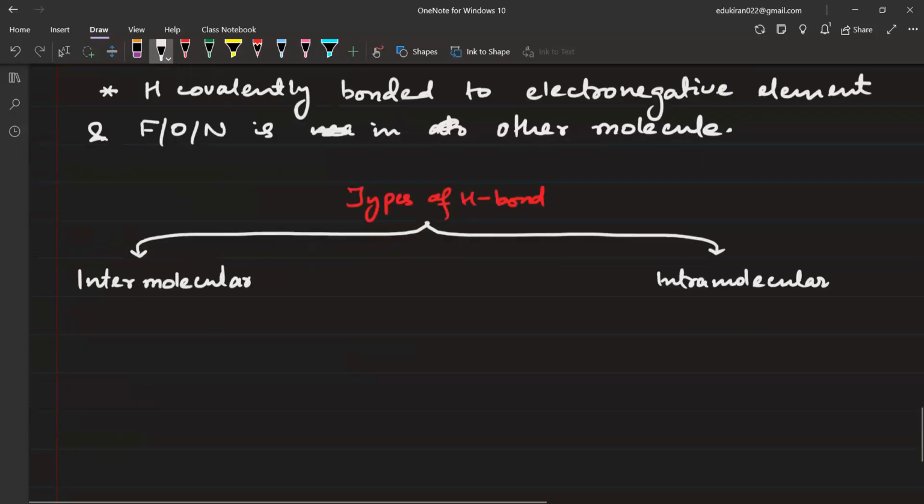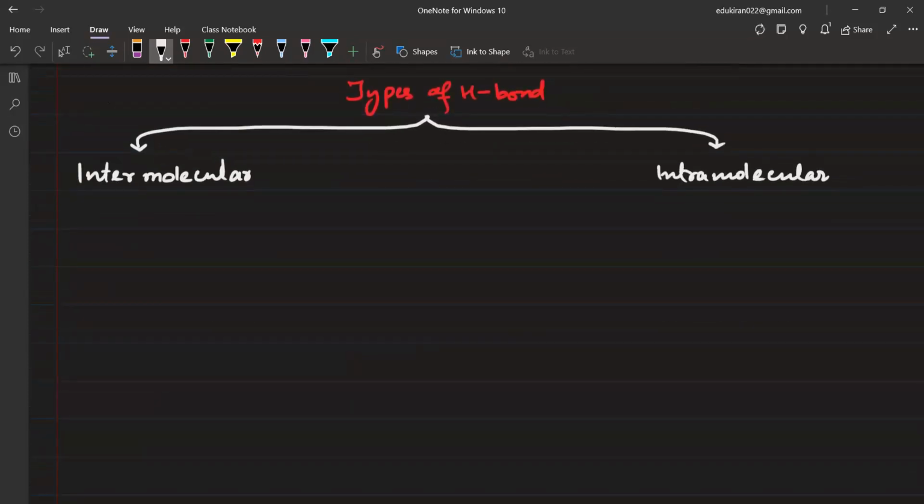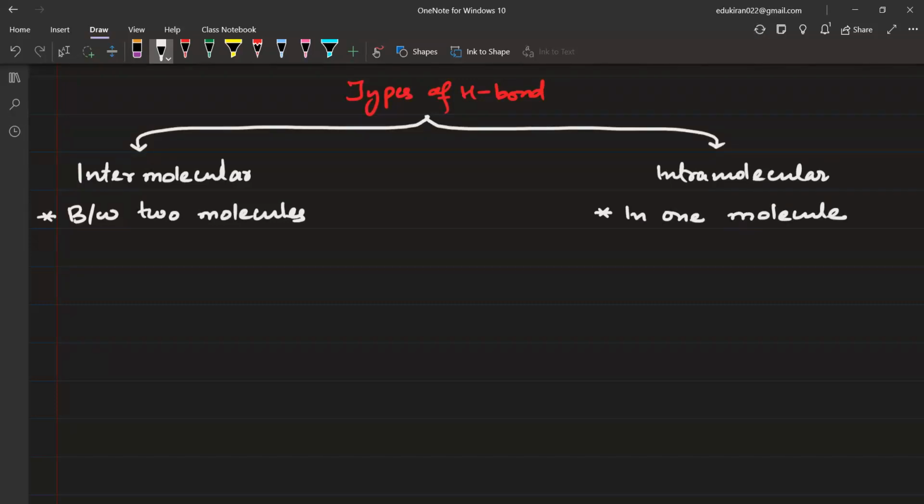Okay. Let us see both of them. So intermolecular is between two molecules. The hydrogen bond is involving two molecules. Intra means in one molecule. So between two molecules, we have seen the example of hydrogen bonding.